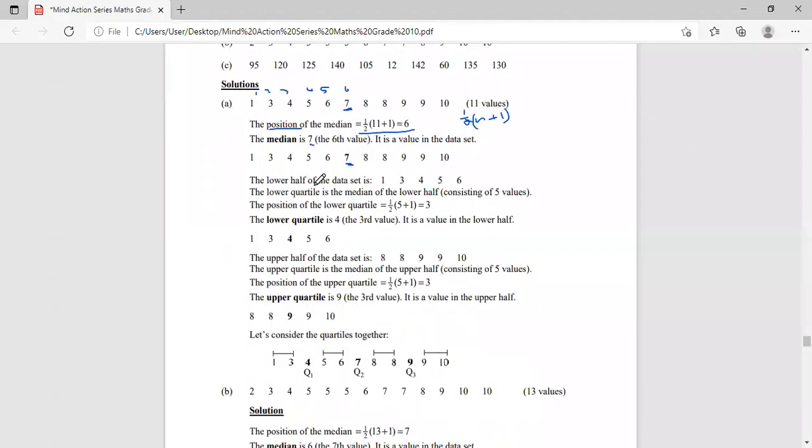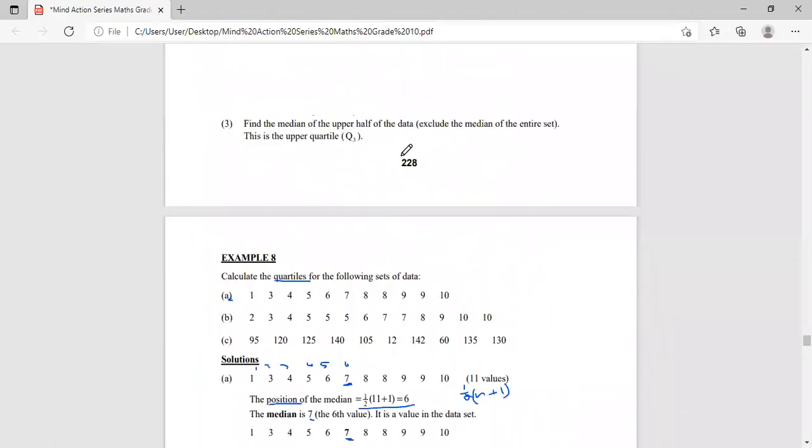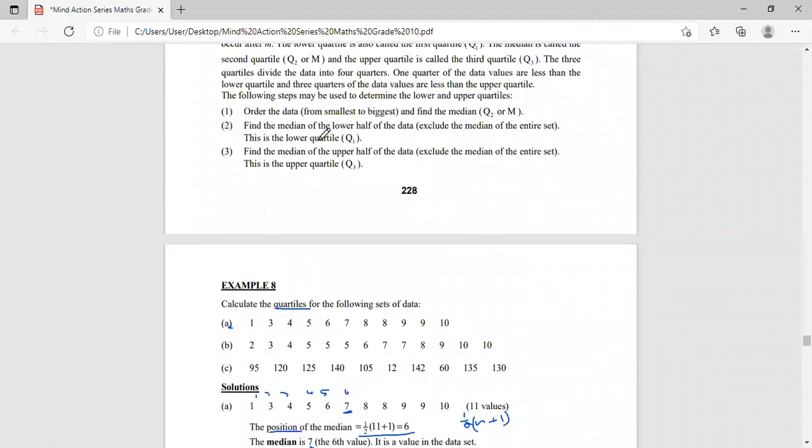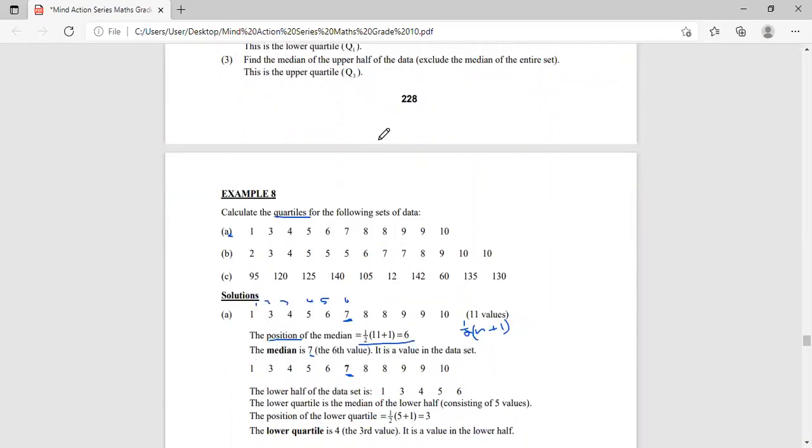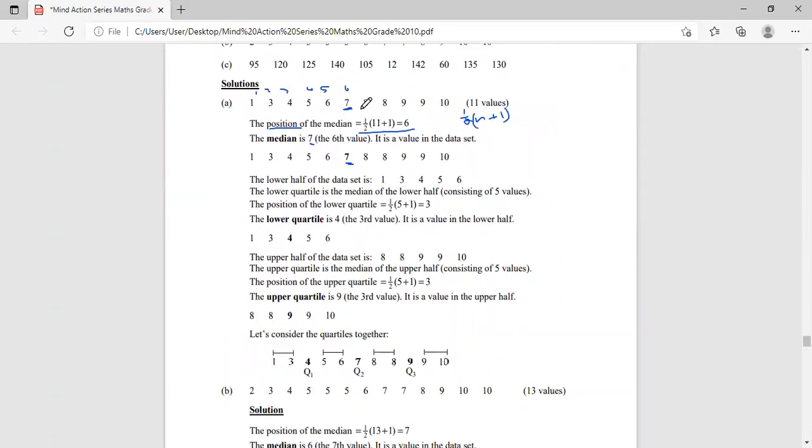And then the lower half of the data set. Remember, here's step number 2: find the median of the lower half. Meaning, find the middle term of the lower half. That is Q1. You started with Q2, which is the middle one, and now you look for Q1.